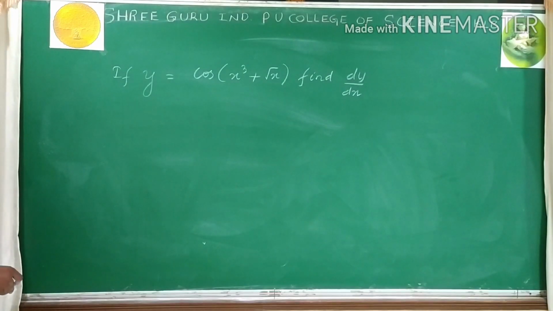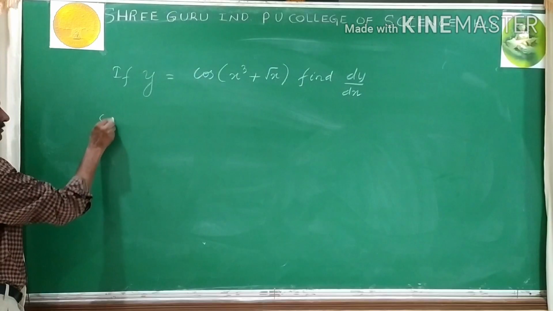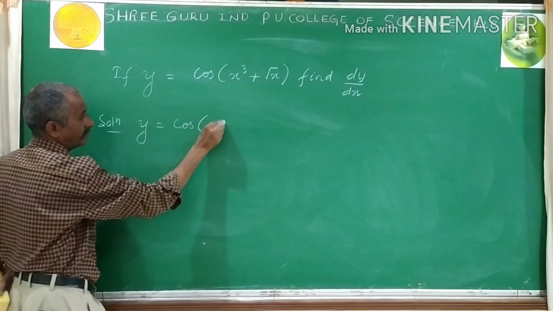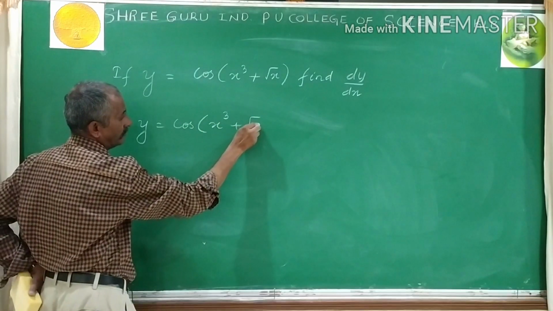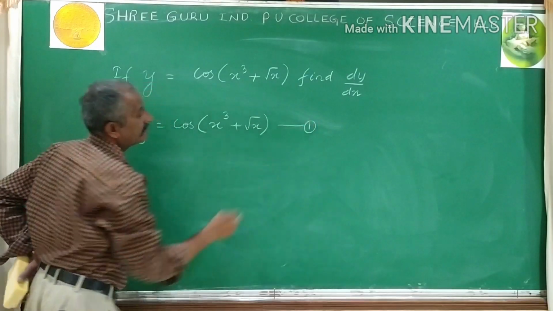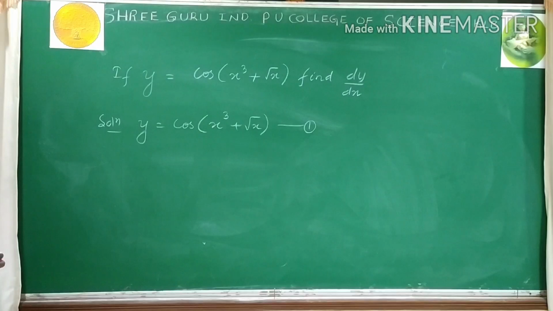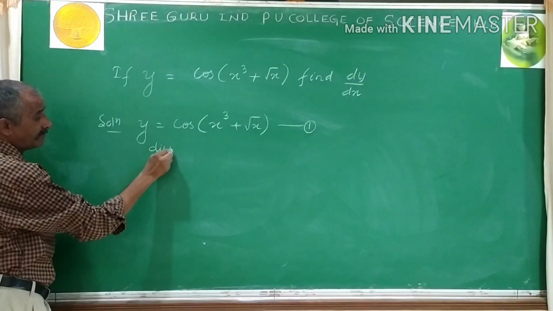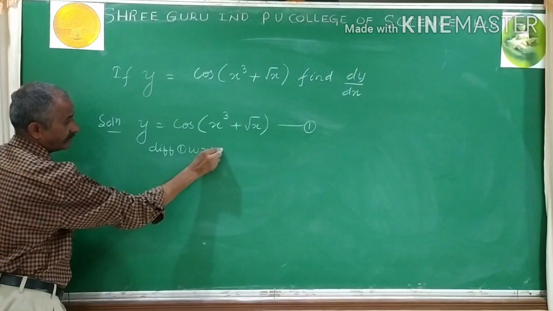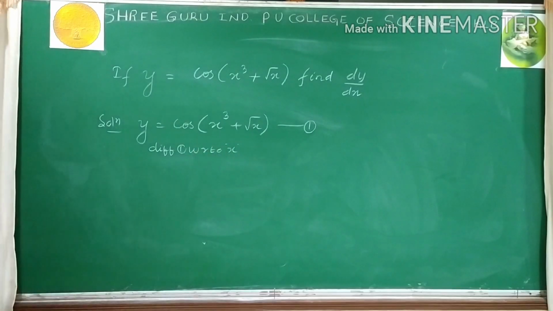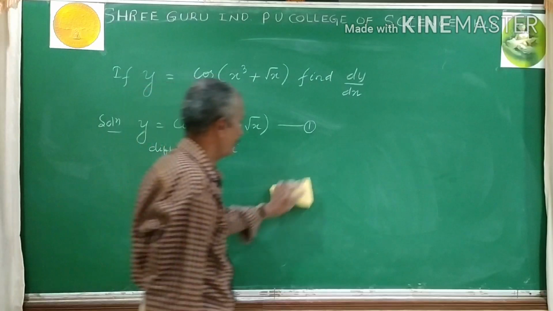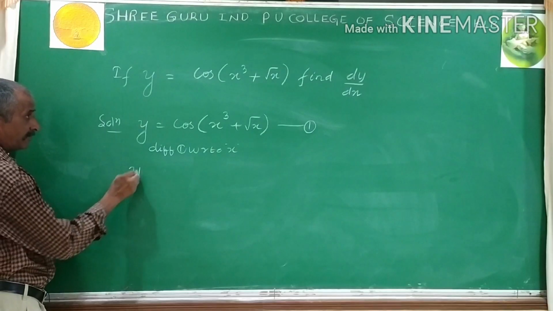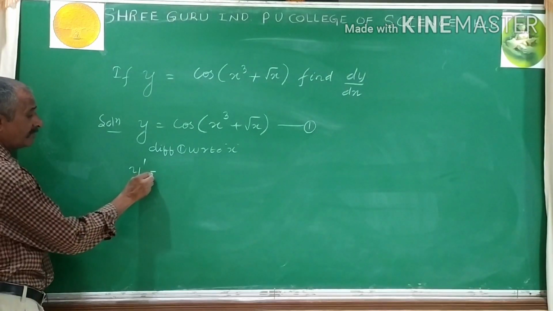Solution. Write first the given function. The given function is y equals cos of x cube plus root x. Call it 1. Next step, as usual, differentiating 1 with respect to x. On the left hand side, the symbol can be written y dash, or you can write dy by dx, no wrong in that.